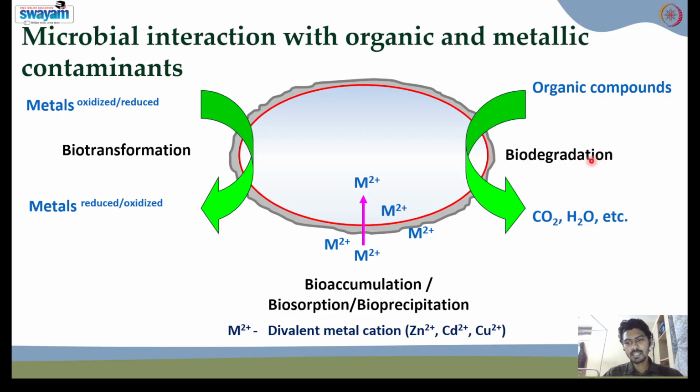The term itself tells us that it is degrading the contaminant. That is, it is breaking down the organic compounds into simple and harmless products like CO2, H2O, etc. For example, we can take the same example of oil spills. What happens when oil spills in the ocean?